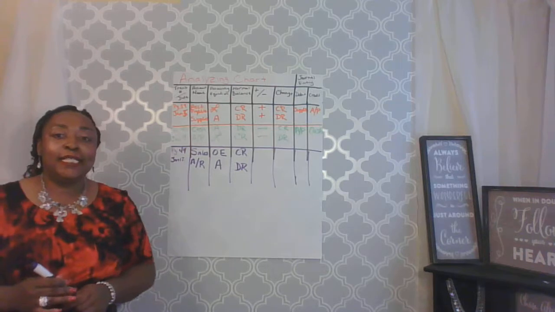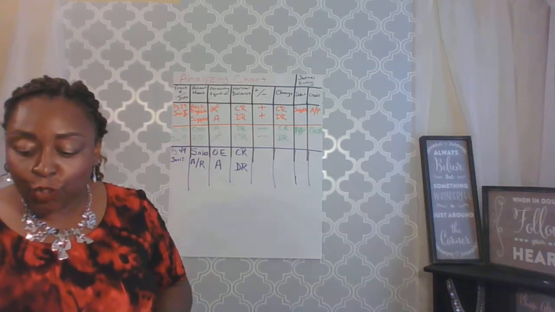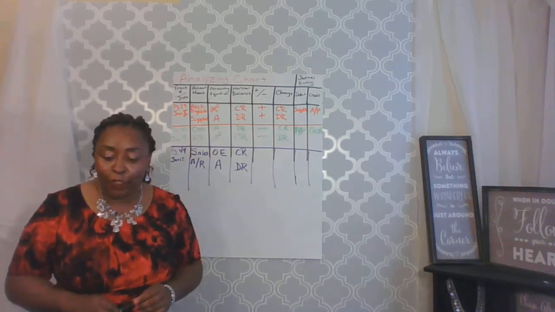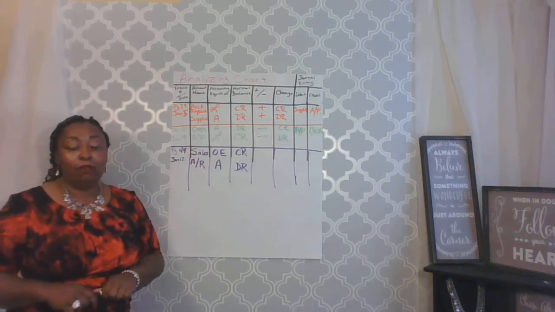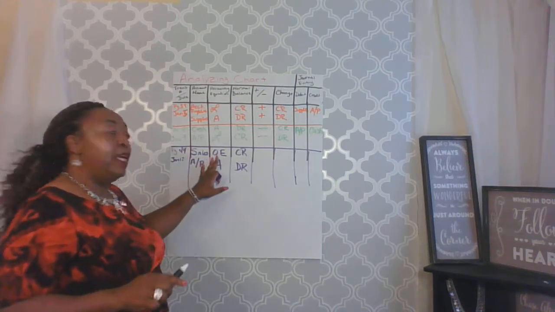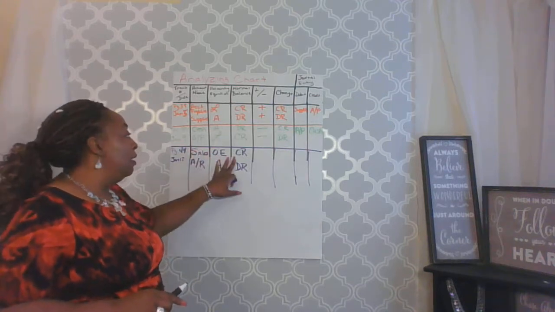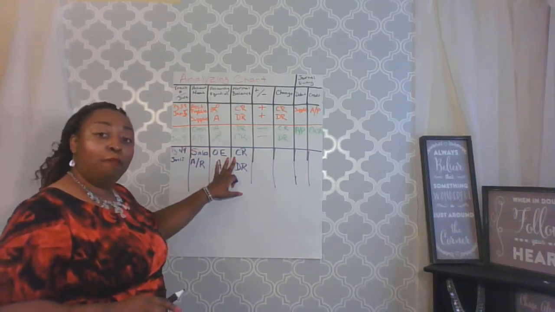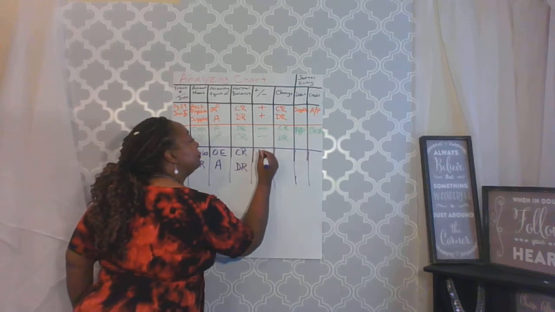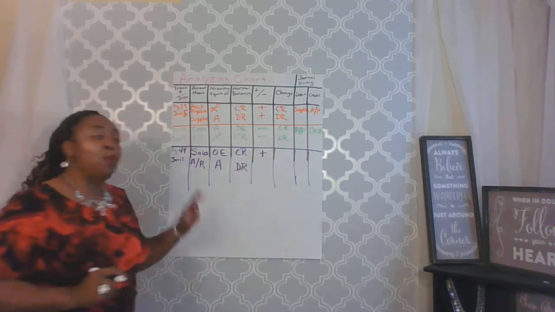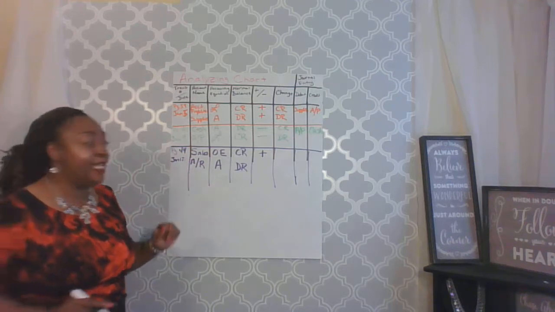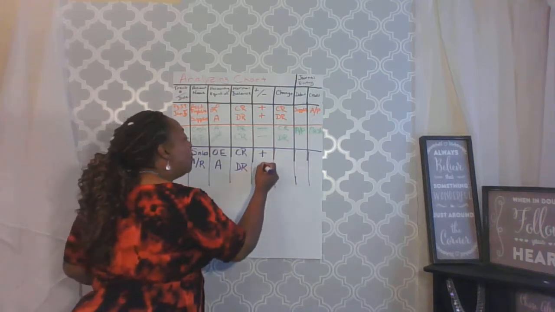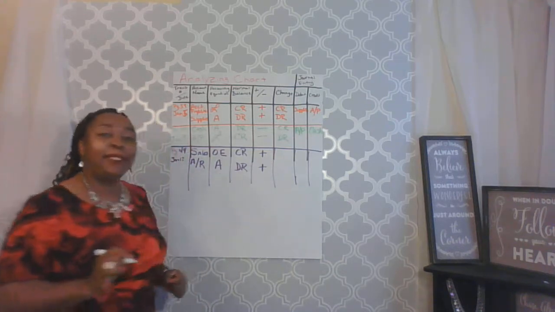So based on this transaction, which is sold services on account to Main Street Services, do I have more or less sales or more or less owner's equity? I have more. So that's a plus. Do I have more or less accounts receivable, which means do I have more or less assets? I have more. So that's also a plus.